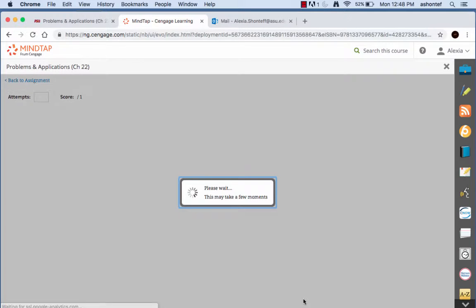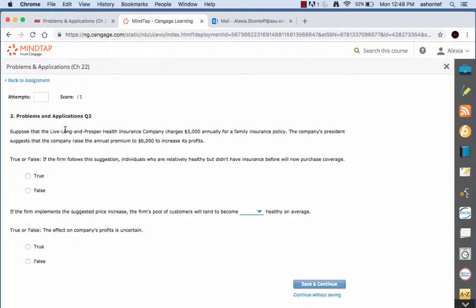I'll continue on. The second question says, suppose that the Live Long and Prosper health insurance company charges $5,000 for a family insurance policy, and then the president suggests the company raise the premium to $6,000 to increase profits. What is this going to do?